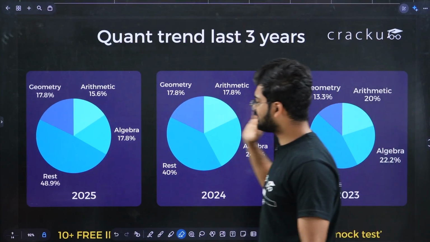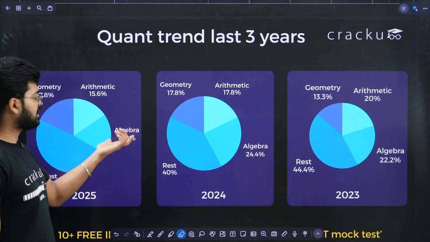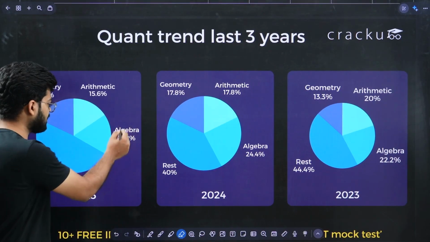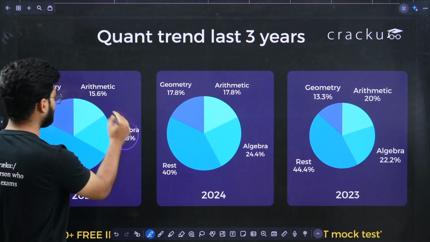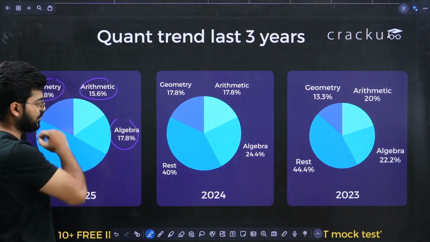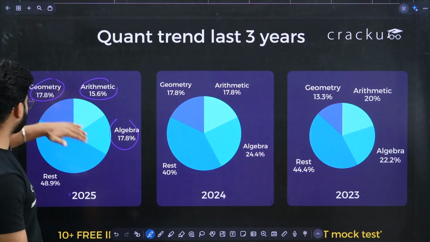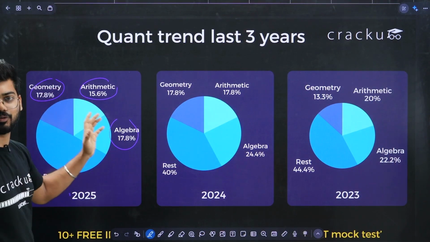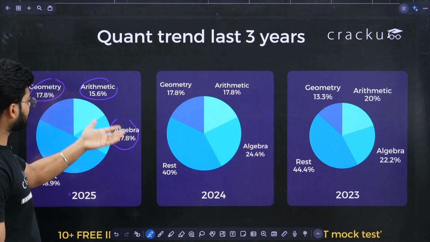See, this pie chart represents the weightage of these bundles. Bundles in the sense algebra, arithmetic, and geometry. If we see in 2025, these three comprise more than half of the overall math section. But these are not standalone things.